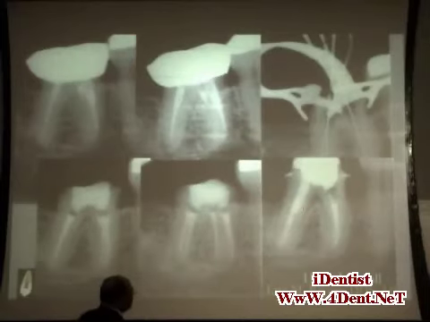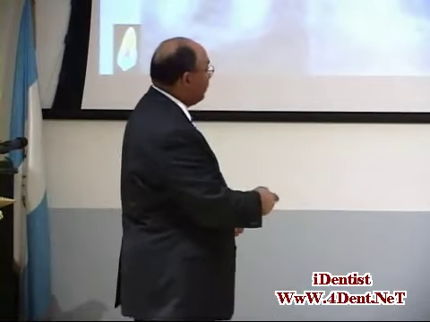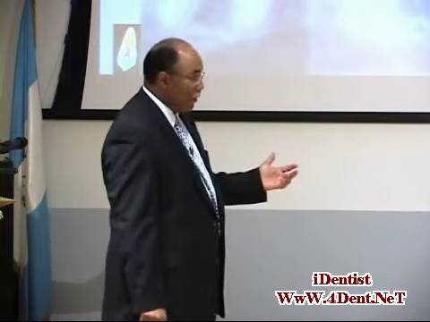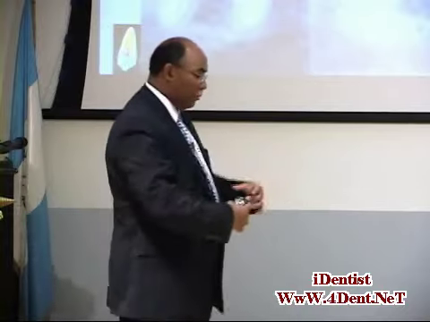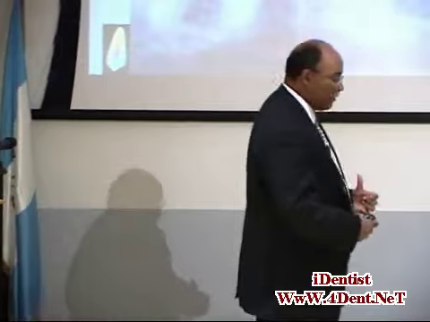Also, look at the size of the post in the distal. I already told you there are two canals, separate canals, and you got a real big post in one of them, close to becoming a perforation, possibly, since there are two canals, which indicates that there is probably a kidney bean or figure 8 configuration of the root itself.